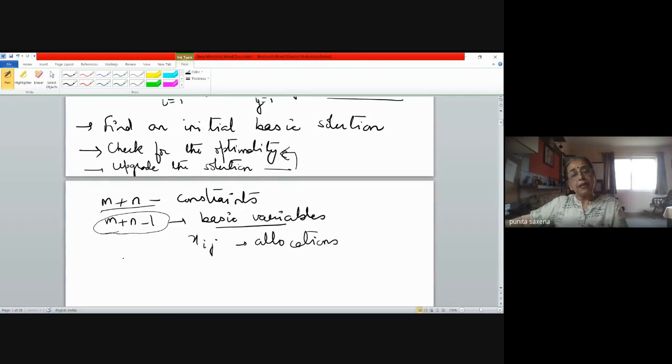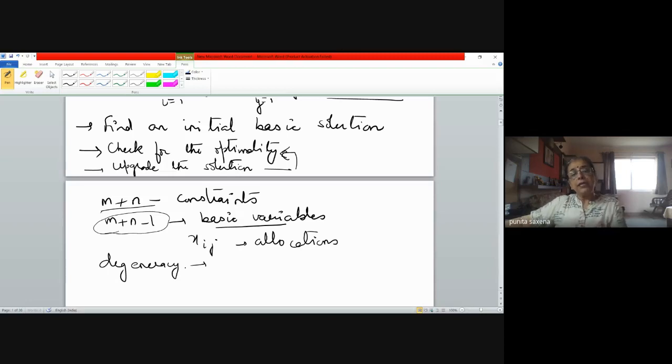But in case the number of variables where allocations have been made is less than m plus n minus 1, then that is the case of what we call degeneracy. It needs to be handled in a different manner. It may lead us to an alternate or infinitely many options.